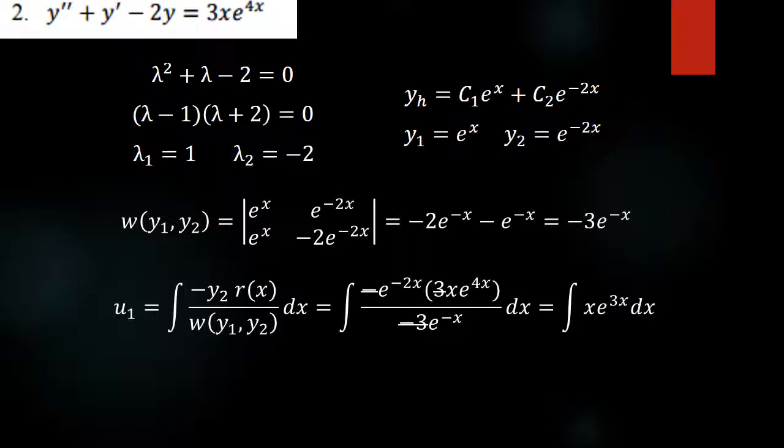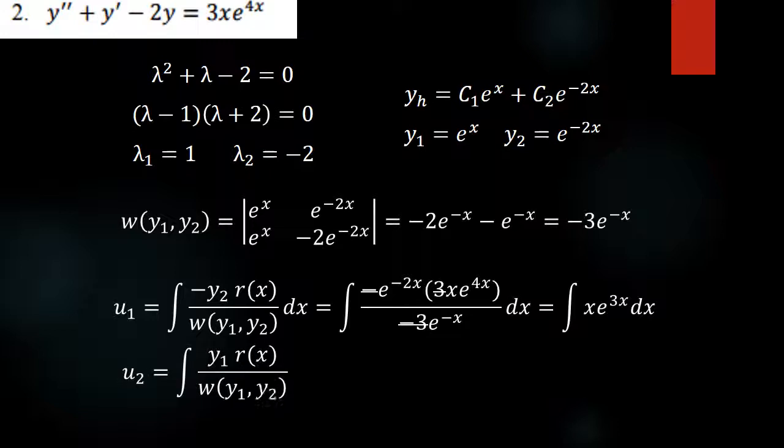We obtain the integration of x multiplied by exponential to the power of 3x. It's integration by parts. We solve the integration in the next slide. And u2 is a similar process.